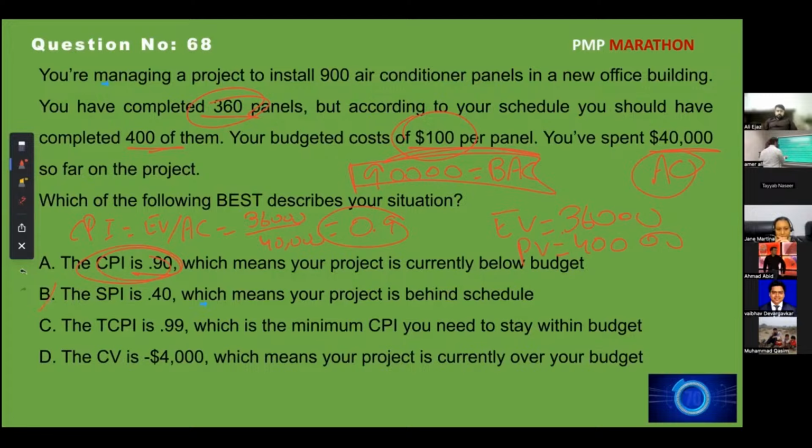TCPI is 0.99. It cannot be 0.9. TCPI should be greater than 1 because it will be difficult to complete it. The CV is minus 4,000. If I calculate CV, CV is earned value minus the actual cost. Is it the same or not?